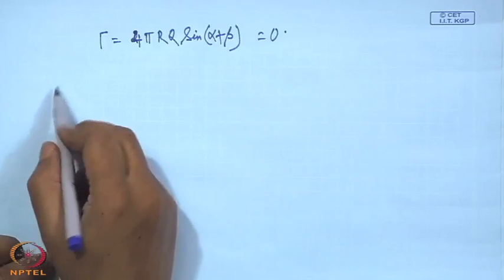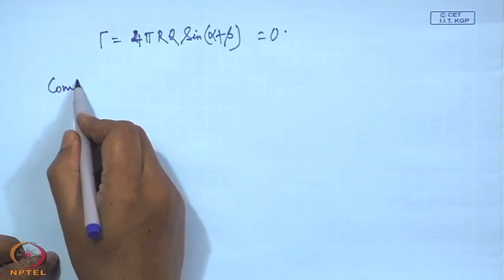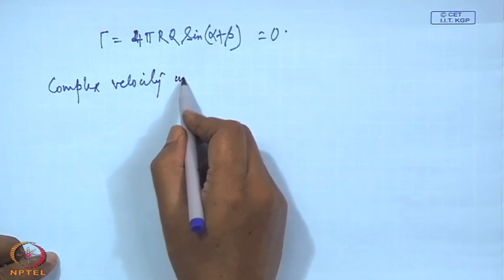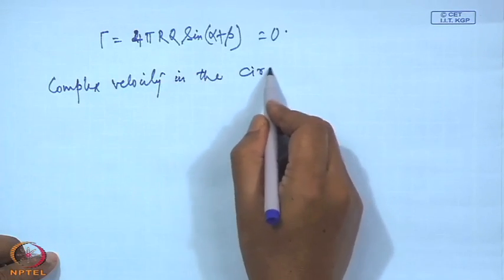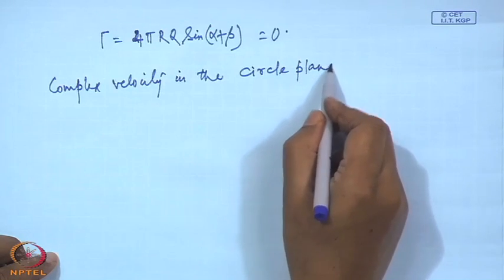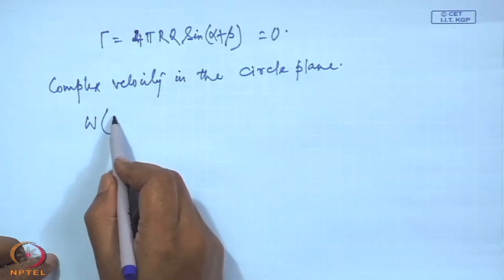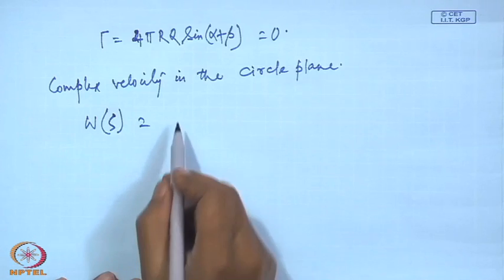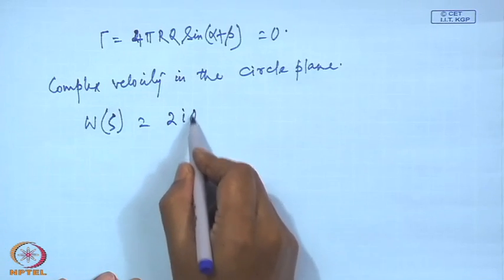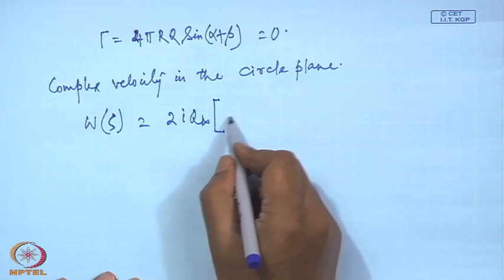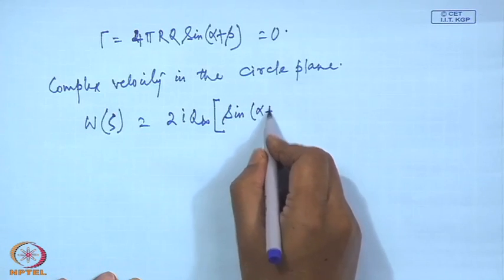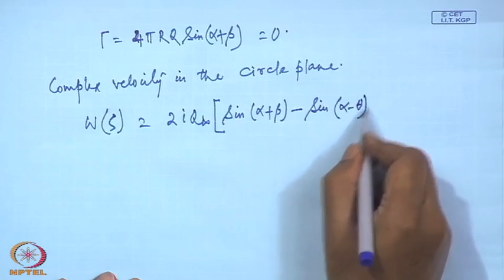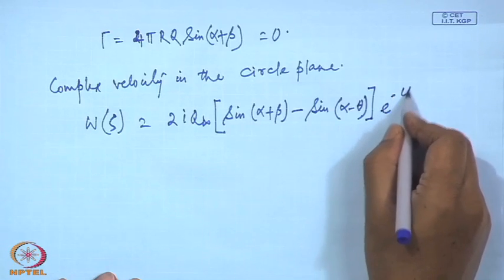If you remember the complex velocity on the circle plane, we had this expression we earlier derived: 2 I q infinity times sin alpha plus beta minus sin alpha minus theta, into e to the power minus I theta.